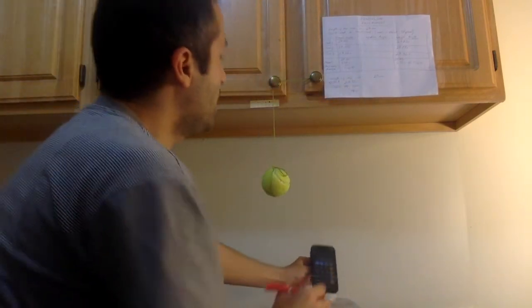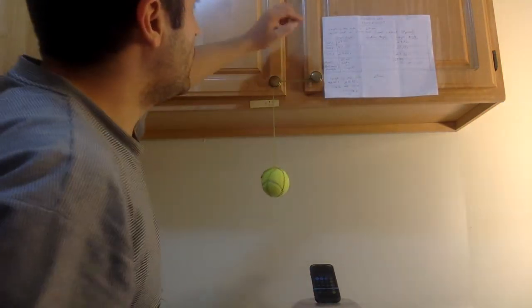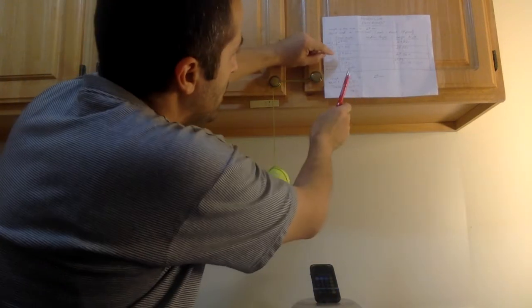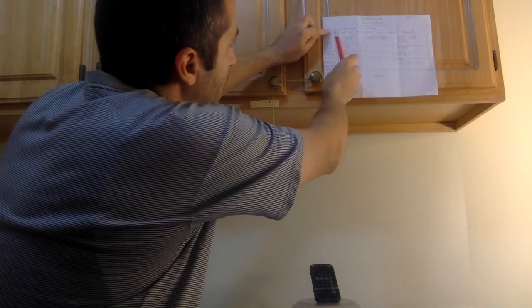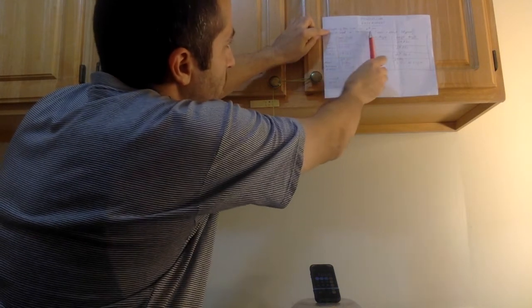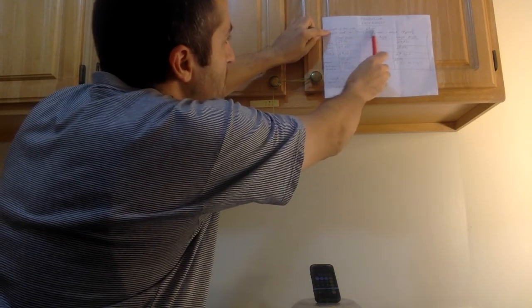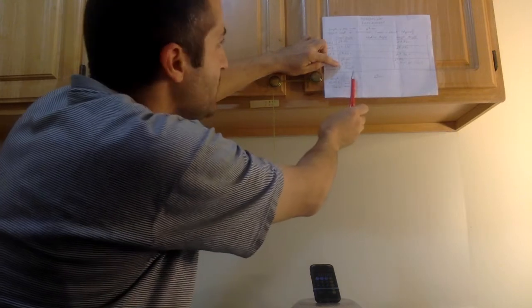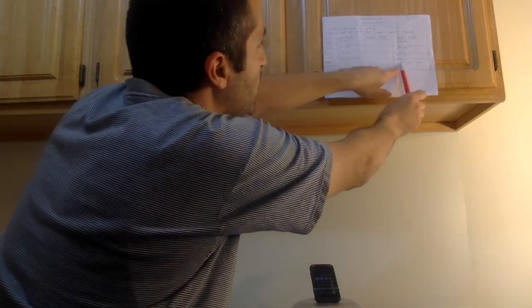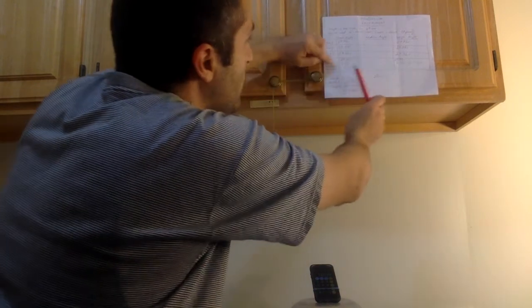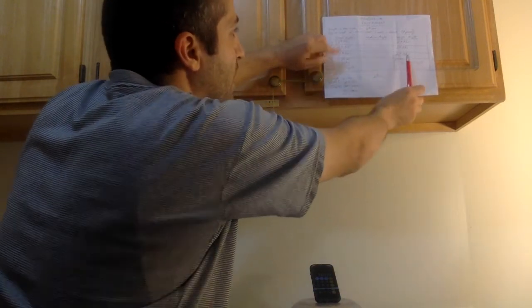So let's summarize our results. If I used a rope of length 47 centimeters, I found the period to be around 1.37 seconds or 1.39 seconds within this range, depending on the angle.